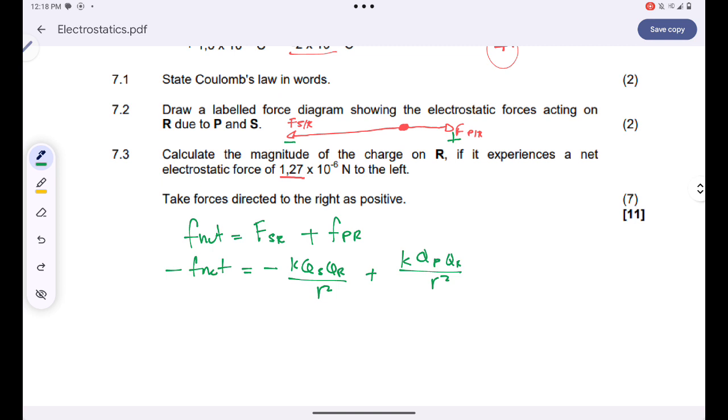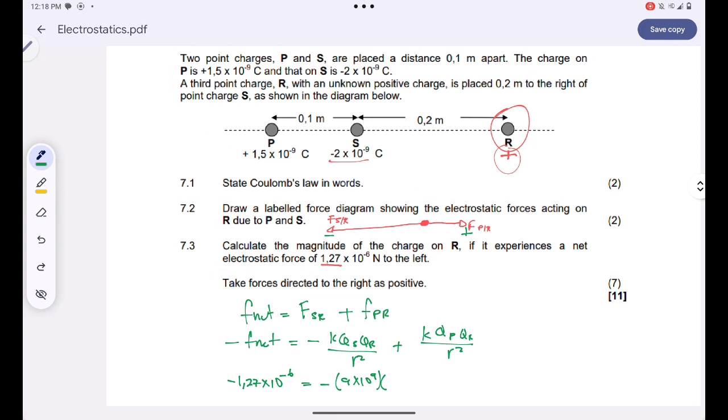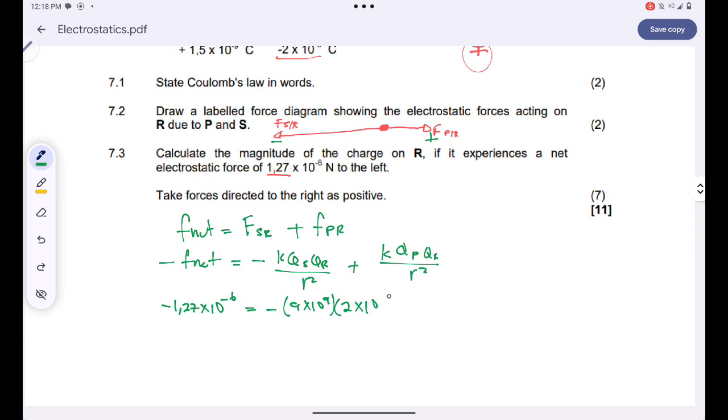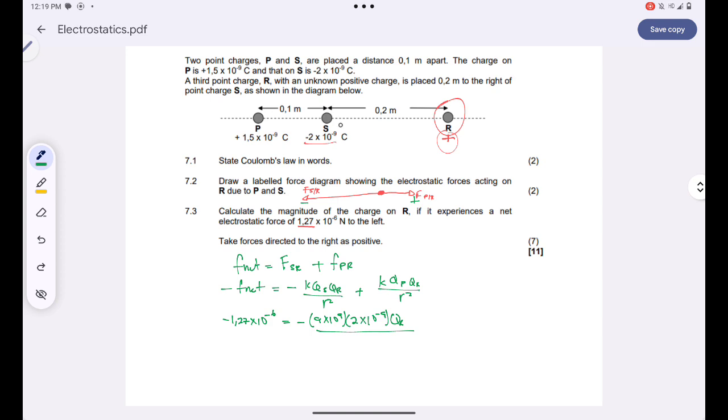And then I know that the magnitude is just 1.27 times 10 to the negative 6. That's 9 times 10 to the power 9. Sphere S is just 2 nanocoulombs. I don't know the charge on R, but the distance between S and R is just 0.2 meters apart.